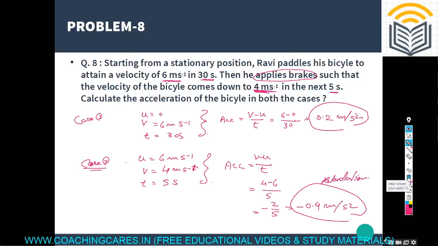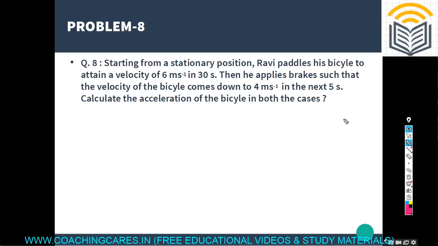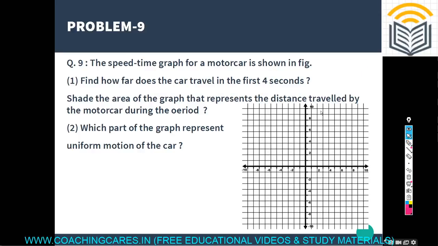Okay. So now let us take another problem. That is basically the interpretation of the graph. So you can visualize this graph. I just draw one graph here.